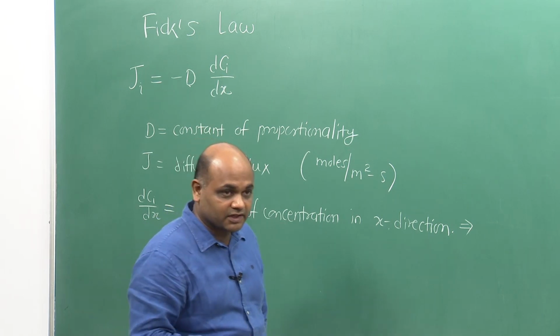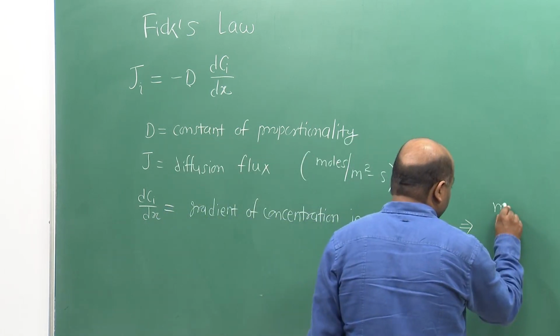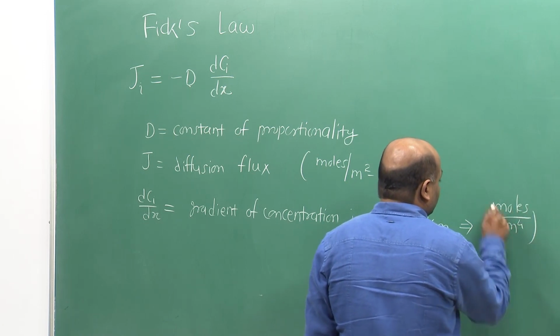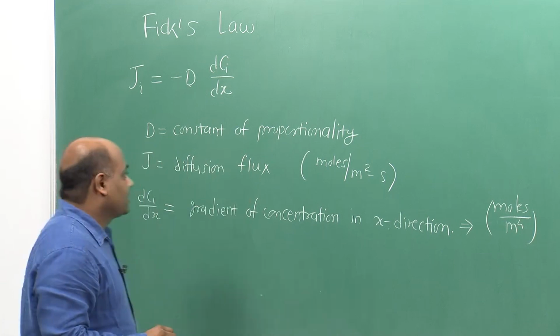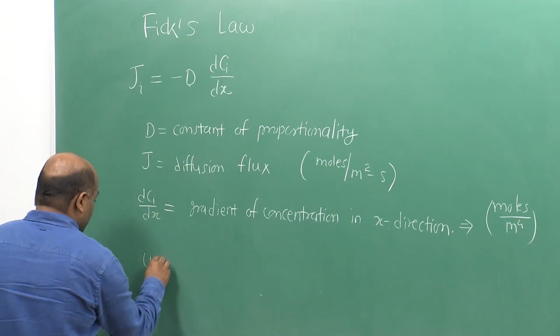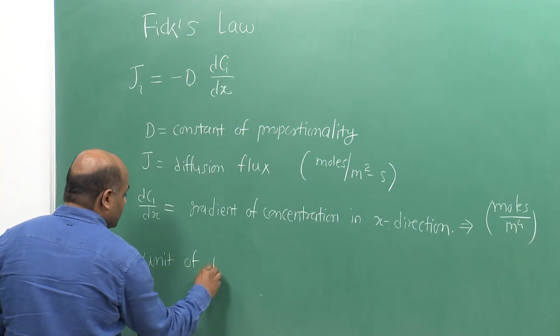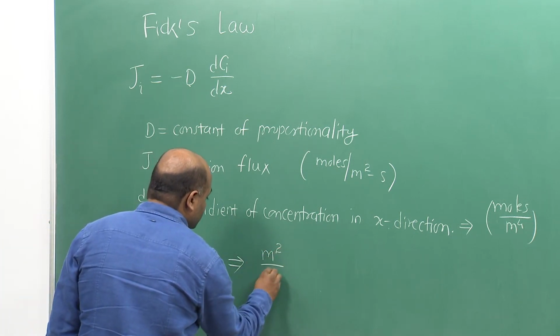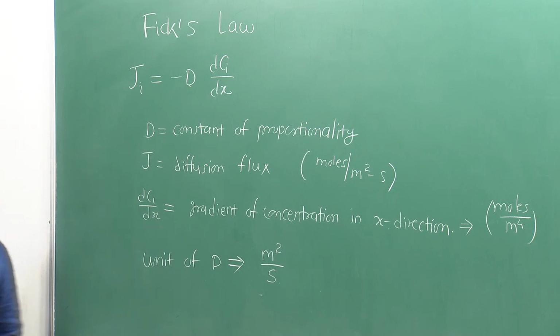So, the concentration gradient will be moles per meter to the power 4, and so the unit of D, if we derive, comes out to be meter square per second.